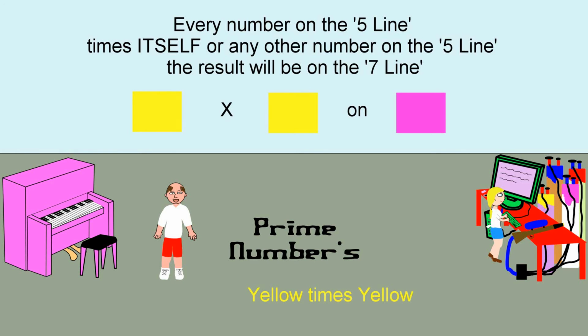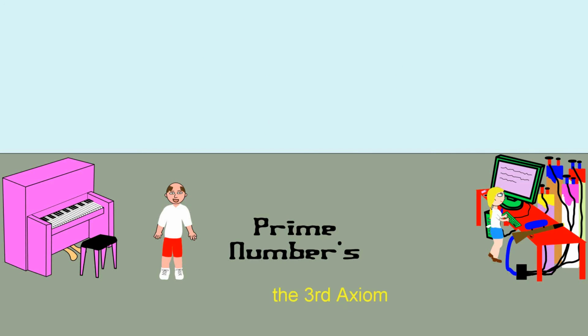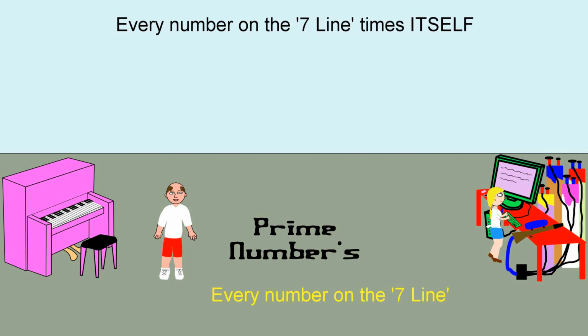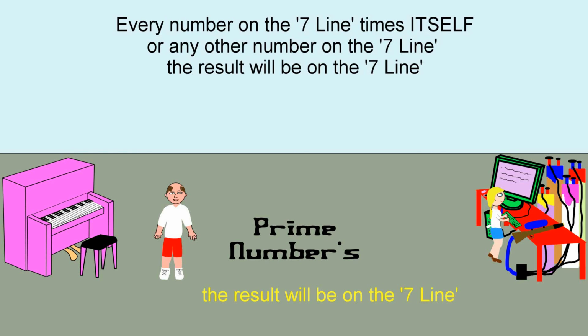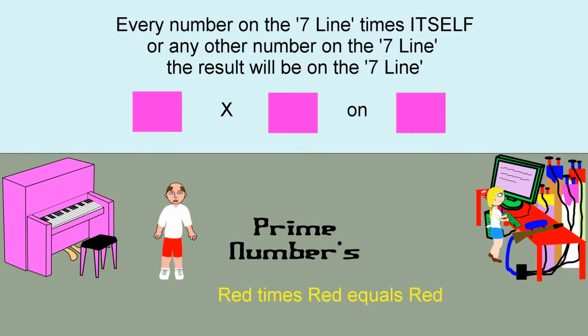So, yellow times yellow, answer on red. That's pretty basic. The third axiom, every number on the 7 line times itself, or any other number on the 7 line, the result will be on the 7 line. Again, red times red equals red.